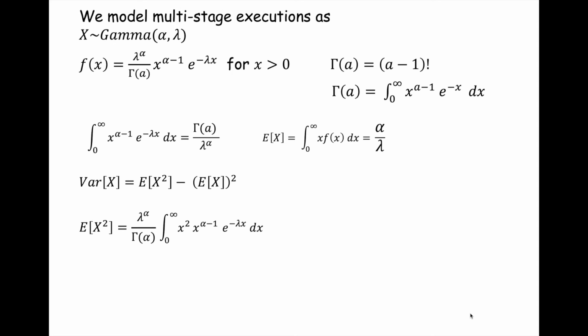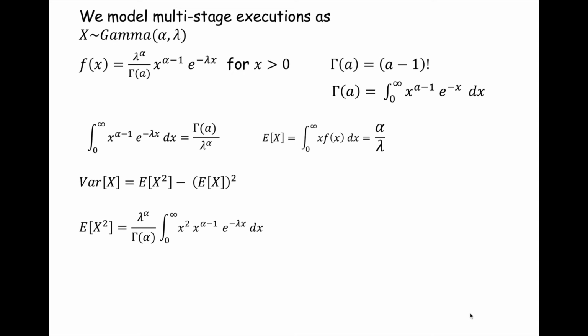So if we do this E of x squared, well, we have our x squared, and we multiply by the density function of the gamma function. And of course, that leading coefficient we can bring outside of our integration. So I have this lambda to the alpha power upon gamma of alpha. I have my infinite integral dx, and then I have my x squared times the rest of the density function, x to the alpha minus 1, e to the minus lambda x.